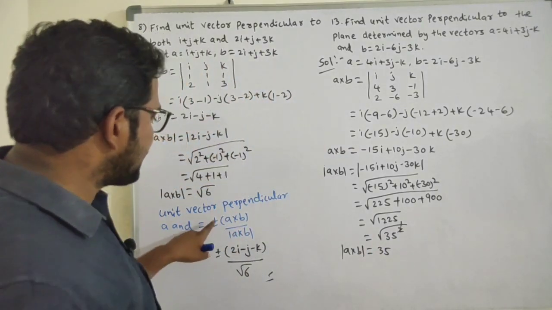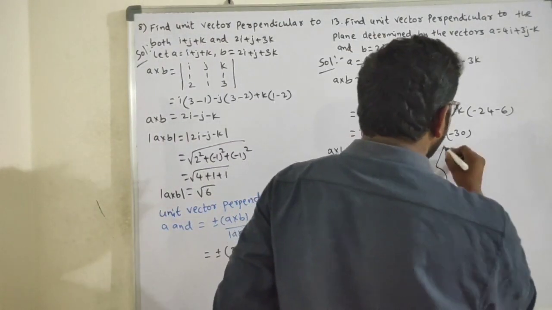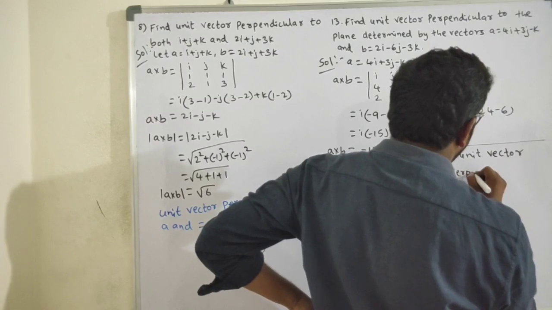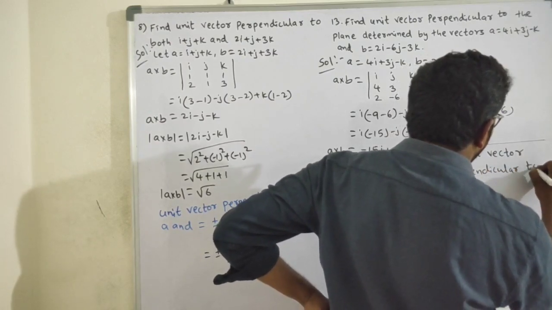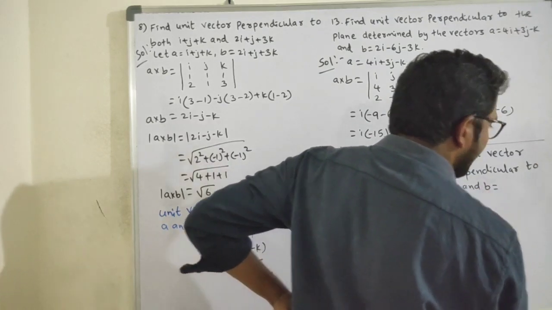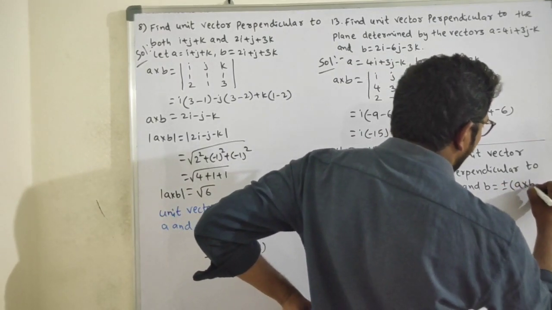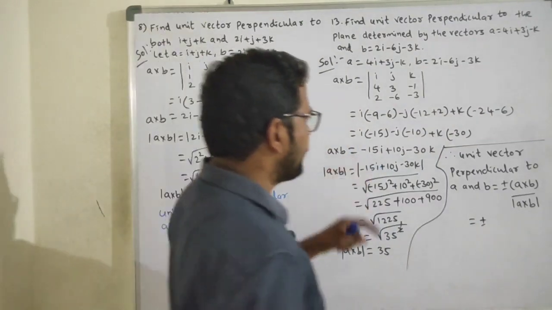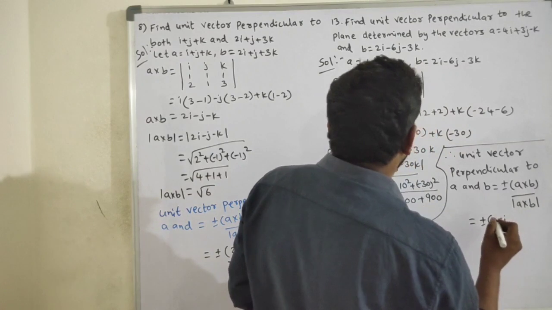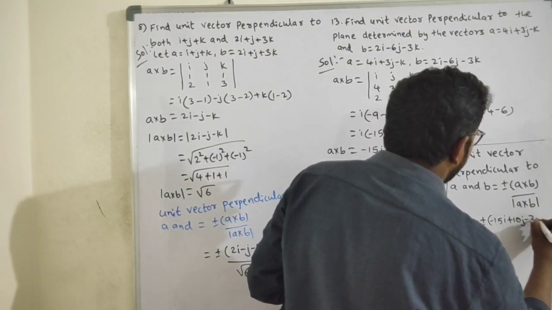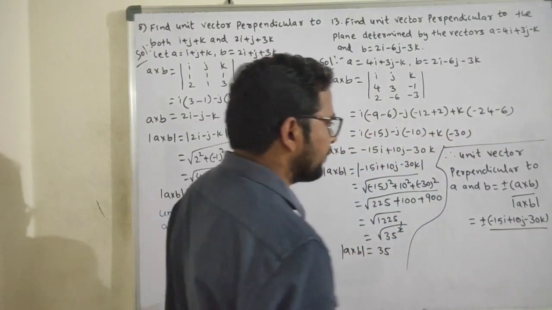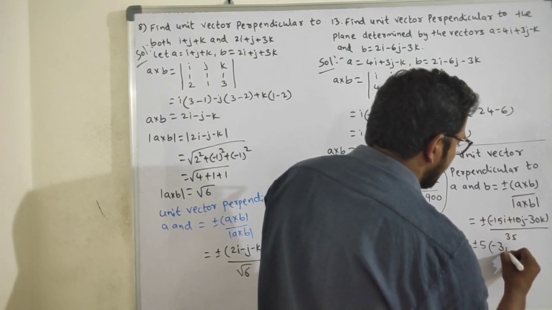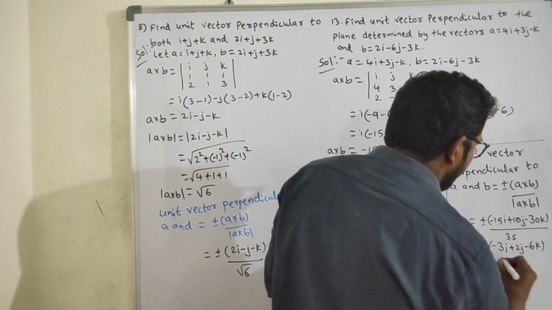What is the required vector? Plus or minus A cross B by modulus A cross B. Therefore, the unit vector perpendicular to both A and B is plus or minus A cross B by modulus A cross B, which is plus or minus minus 15i plus 10j minus 30k divided by 35. Take 5 common: minus 3i plus 2j minus 6k divided by 35.